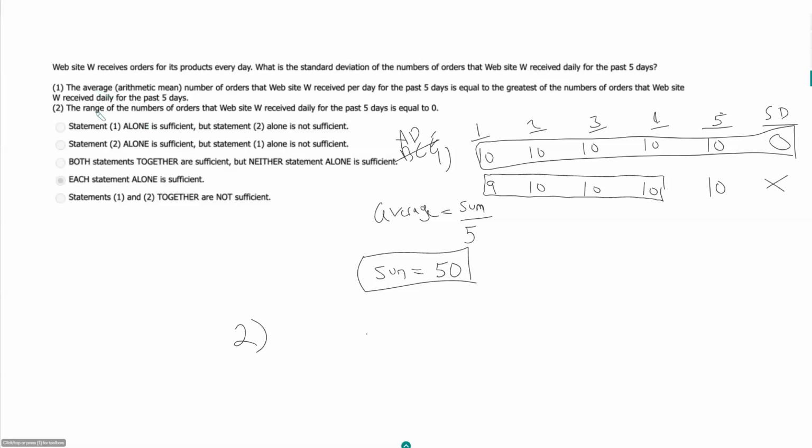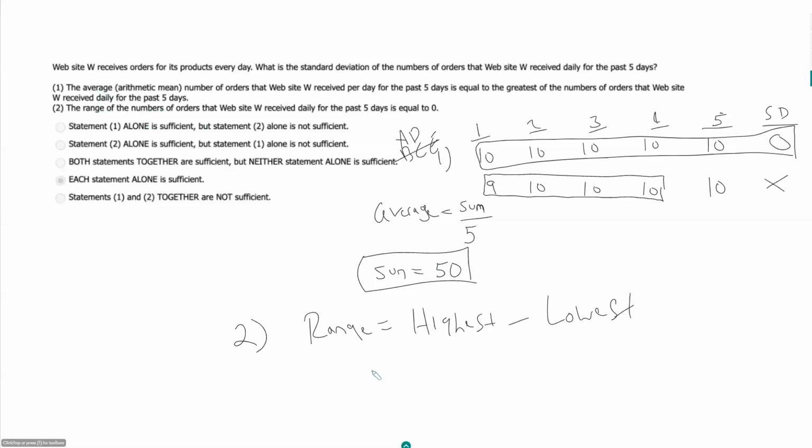Statement 2 says the range of the number of orders that website W received daily for the past 5 days is equal to 0. What is range? Range is your highest number minus your lowest. So what does this mean?